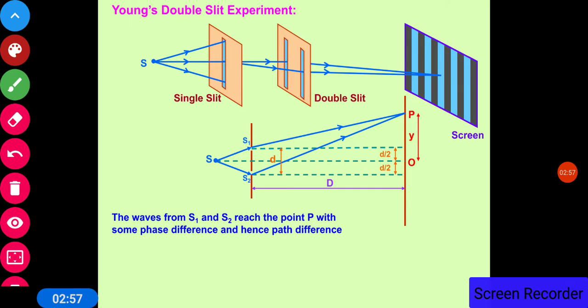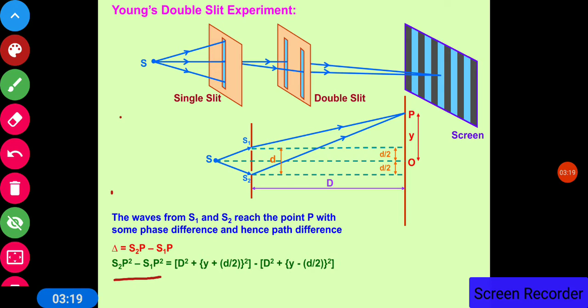Now the waves from S1 and S2 reach the point P with some phase difference and hence path difference. Let this path difference be S2P minus S1P. Now using mathematical relations, consider S2P square minus S1P square. From this diagram, look at this triangle with O dash.